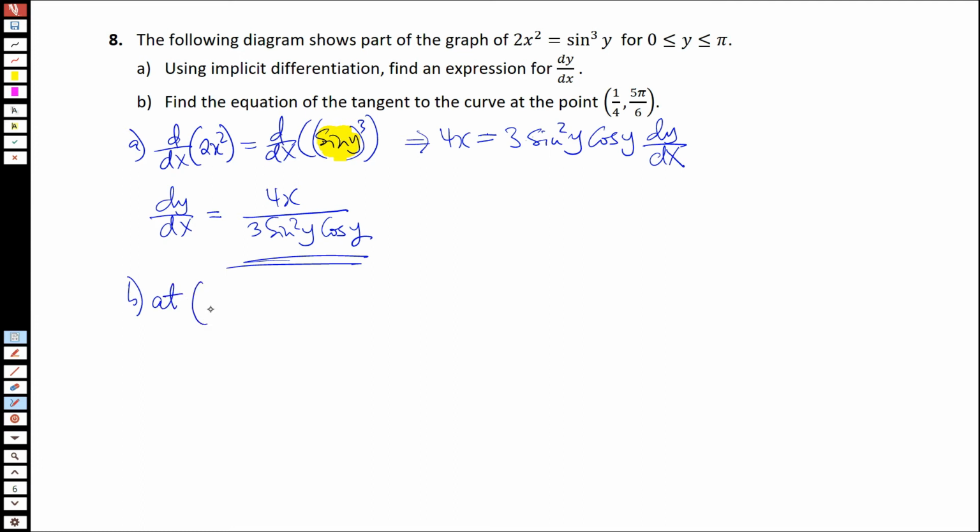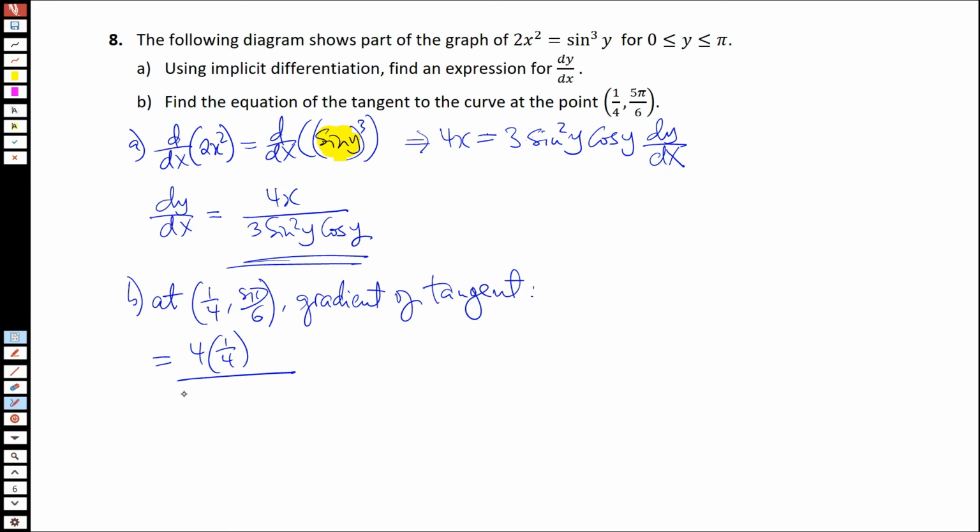So at this point, which is a quarter, 5 pi over 6, the gradient of the tangent will be given by, now we can find that gradient by plugging x in place of x and y in place of y, and that will be equal to 4 multiplied by a quarter over 3 multiplied by sine 5 pi over 6.